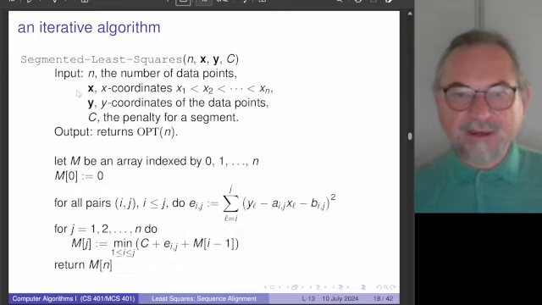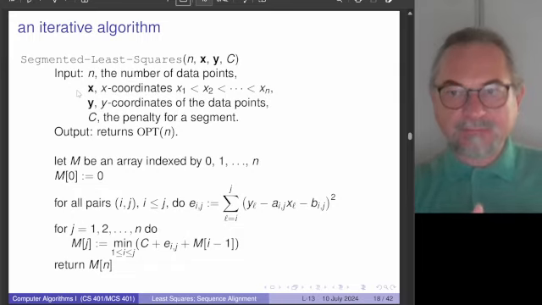And we store this in a table, so we are actually computing the matrix of all errors, of all the line segments that we can make for all possible values for i and j. So this i, j subscript, you should see this as a matrix.